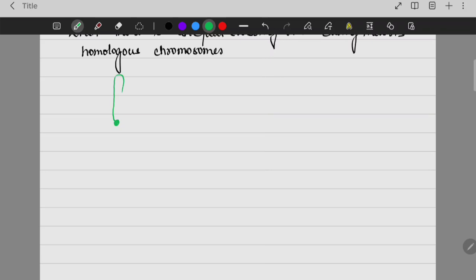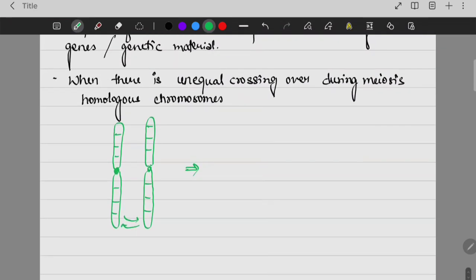So if I draw a diagram here, this one is a normal chromosome and this one is another homologous chromosome. If crossing over takes place, and if there is some kind of problem regarding the crossing over, the duplication will take place. I will point out the duplicated or aberrant region with a different color.